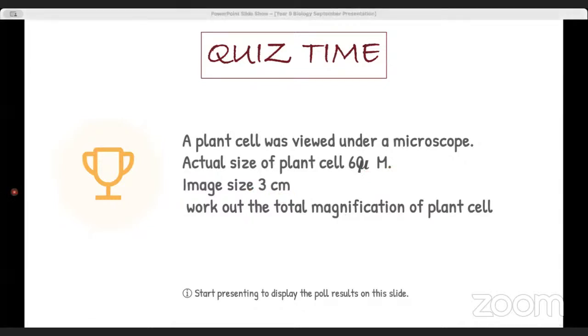What would be the answer? You have to work out the total magnification.